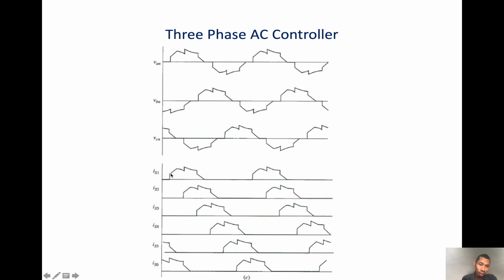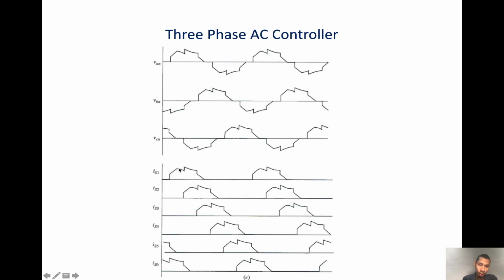So when we trigger thyristor 1, at this instant we can see that S5 is still on at this point, 30 degrees, and S6 is still on, so it's 3 thyristors on. As we move along to 60 degrees, we can see that thyristor S5 has already turned off and only thyristor S6 is on, so only 2 thyristors are on.